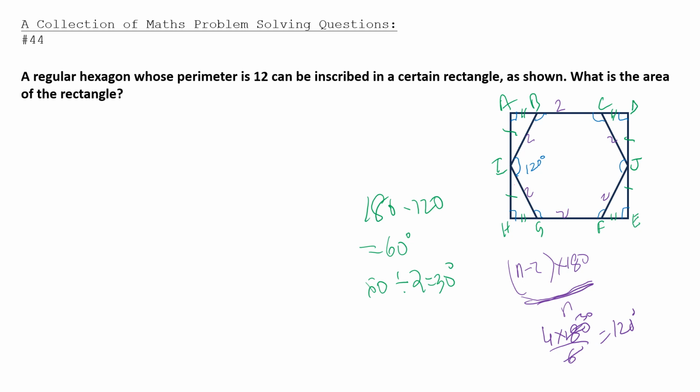So this little angle is 30 degrees, this is 30 degrees. So once I've got that 30 degrees, then triangle ABI is a 30, 90, and obviously the other angle is going to be 60. So 30, 90, 60 triangle.